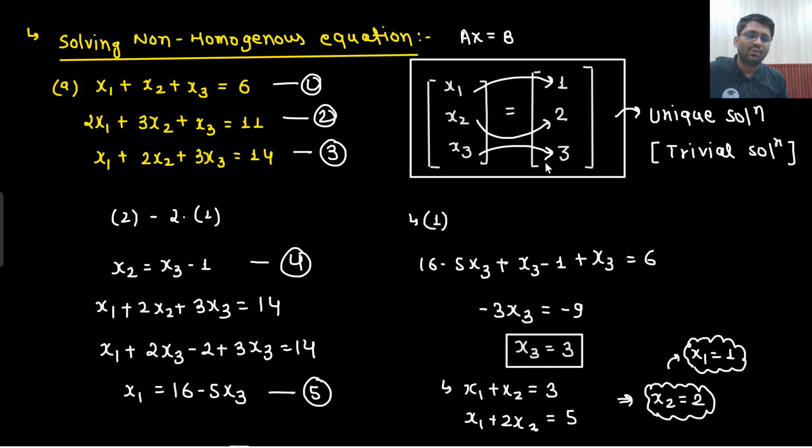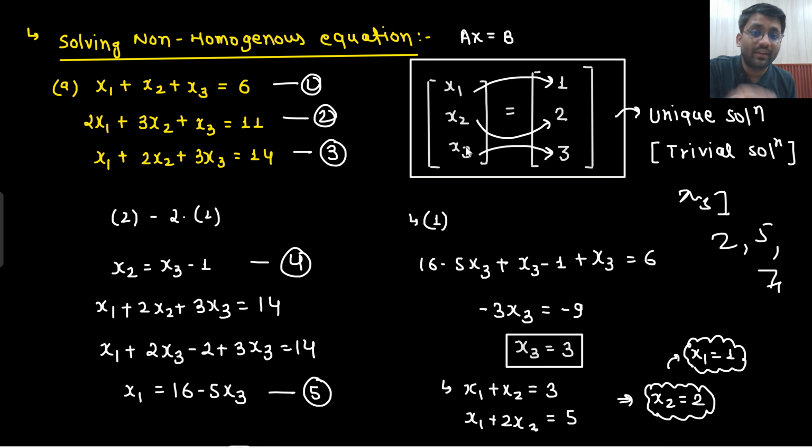So x1, x2, x3 are all dependent. They are not free variables. What is the meaning of a free variable? That x3 is a free variable means x3 can take any value. x3 can take value 2, 5, 7, 9 as well.